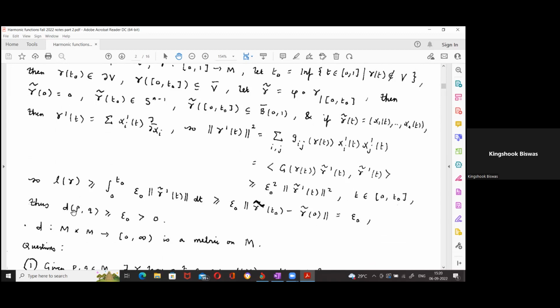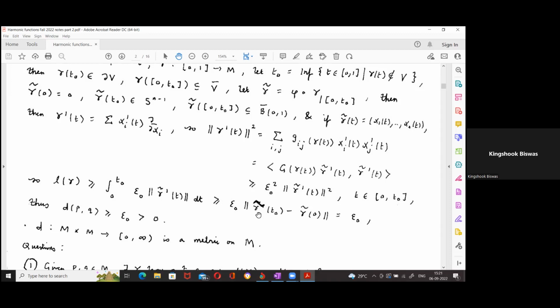And so I get that the length of gamma is greater than or equal to the integral from 0 to T naught of the norm of gamma prime. And the norm of gamma prime is greater than or equal to epsilon naught times the norm of gamma tilde prime. By the triangle inequality, the integral of the norm of gamma tilde prime is greater than or equal to the norm of gamma tilde(T naught) minus gamma tilde(0).